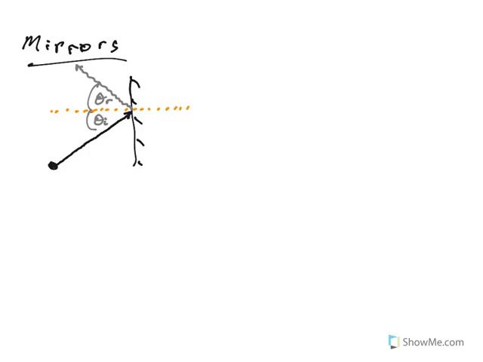However, what's a little more interesting is what if we have a mirror that's not a flat plane mirror, but is curved, a curved mirror called a spherical mirror. Then I want to know, how does light react with this type of mirror? So let's say we have a mirror that looks like this. This is called concave.